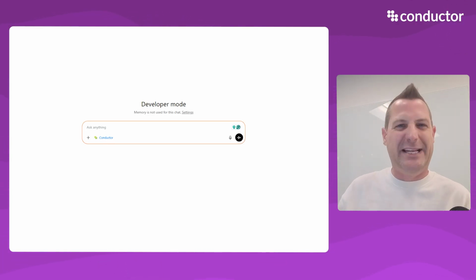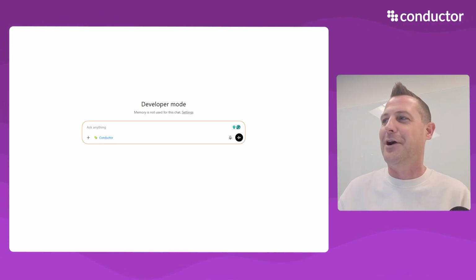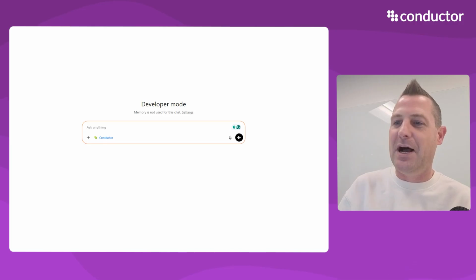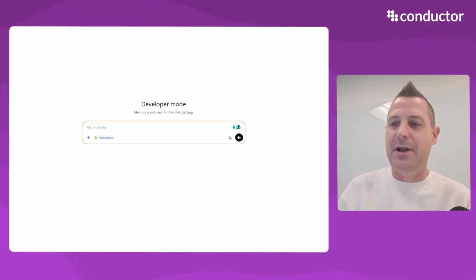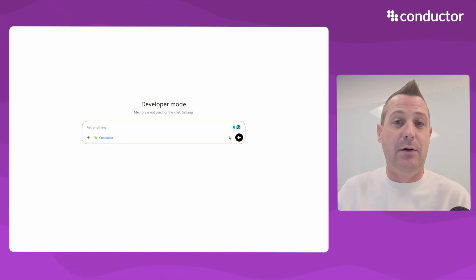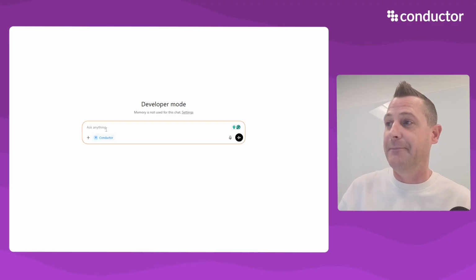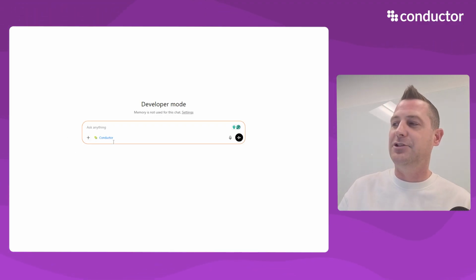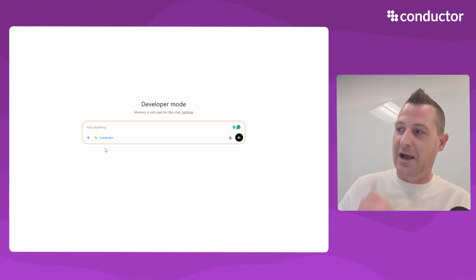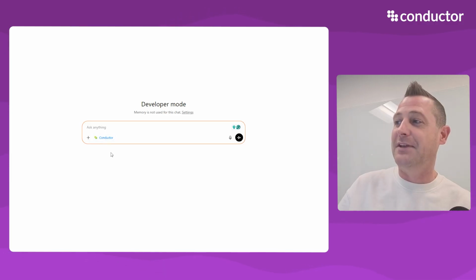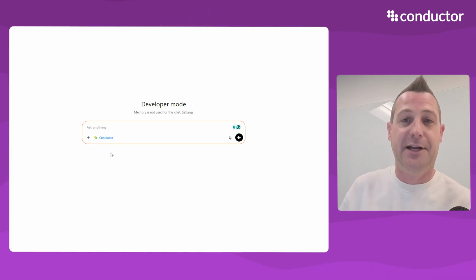So we're going to do some basic stuff today just to get everyone in the mindset of, hey, here's what we're up to. But let's start out by asking it about our AISP data, or AI search performance data, right? So just like any other ChatGPT conversation, you can see here that we have connected to the Conductor connector.